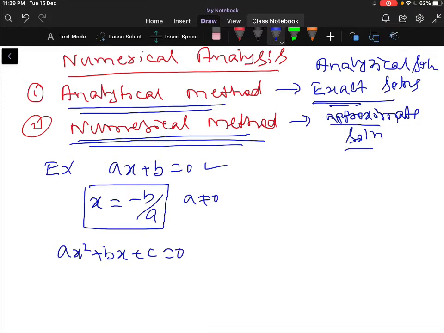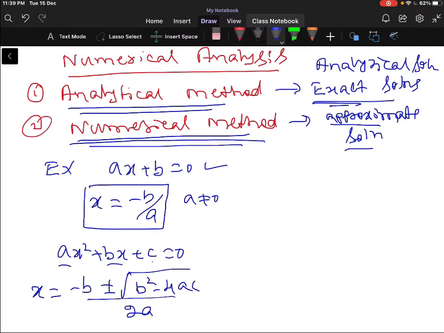So easily you can find the exact solution of this equation. That is x is equal to minus b plus or minus square root of b square minus 4ac, by 2a, where a, b, c are real numbers and a is not equal to 0.